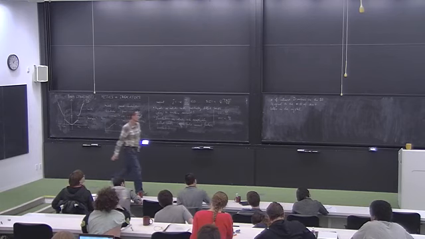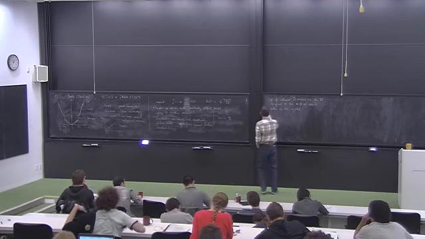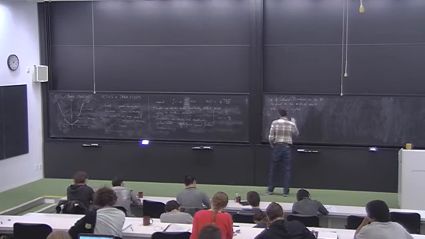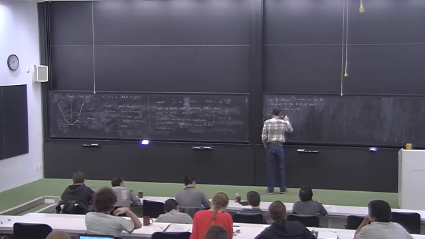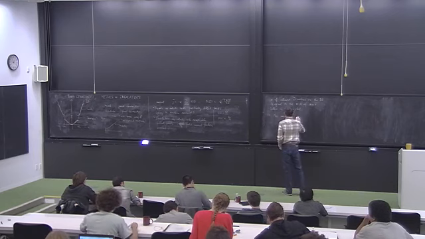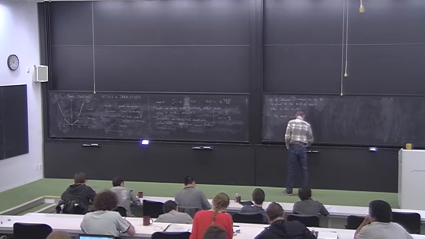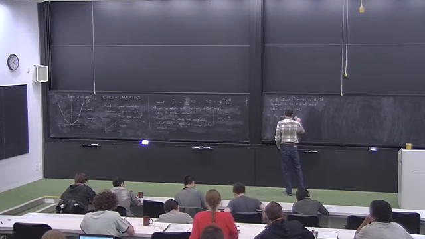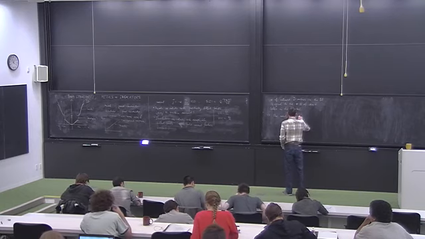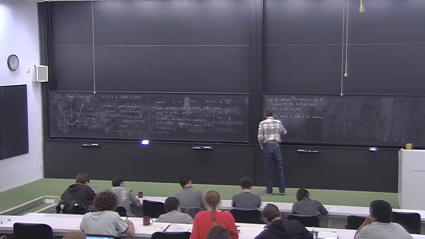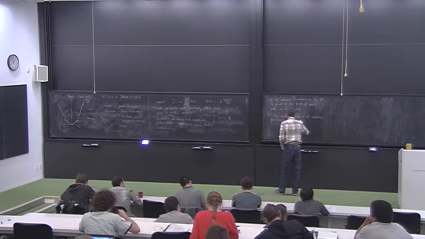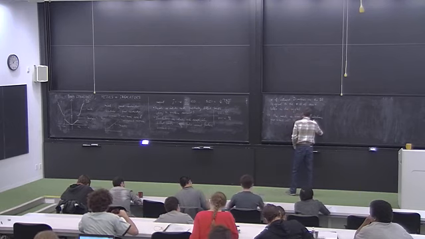So what this implies is that one needs an even number of electrons per unit cell to have an insulator.